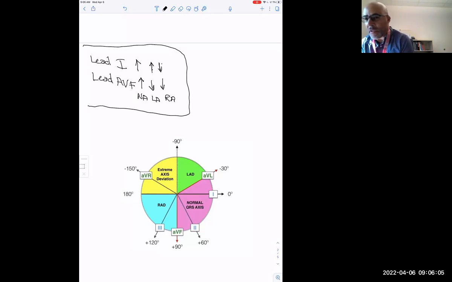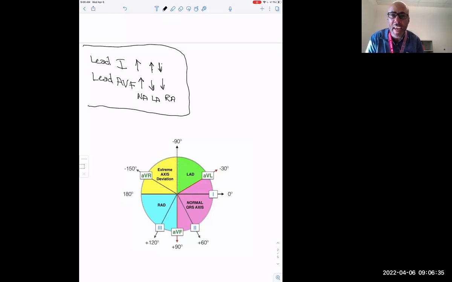Okay. The two leads that you need to remember primarily to get just a very quick down and dirty determination of axis are both lead 1 and lead AVF. We need to remember that if we have a positively deflected QRS in lead 1 and a positively deflected QRS in AVF, two thumbs up, we have normal axis. Everything is good.